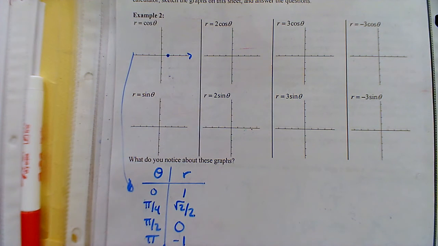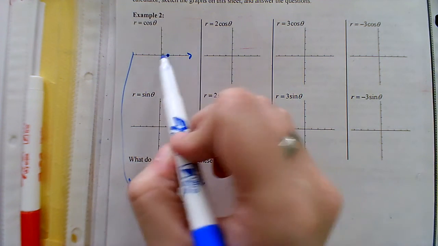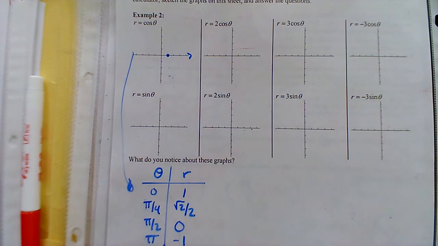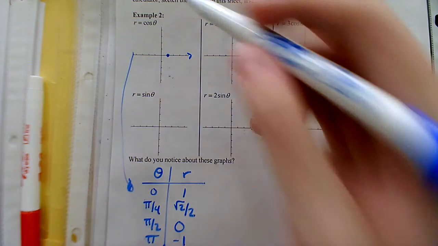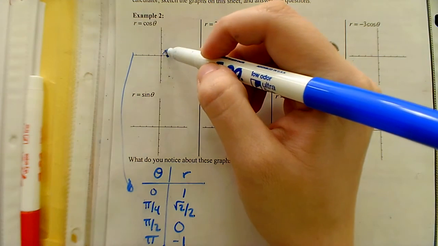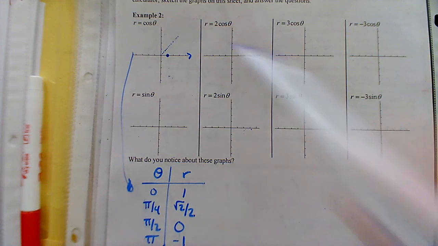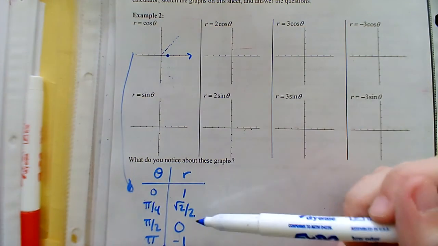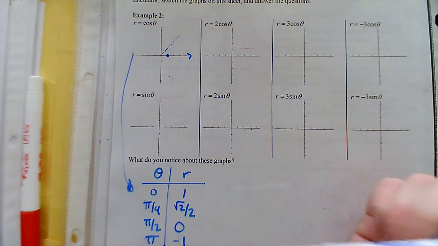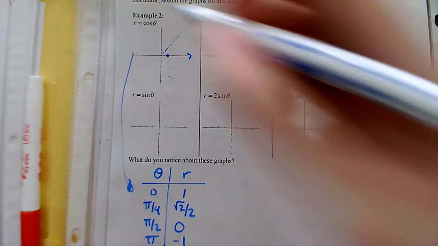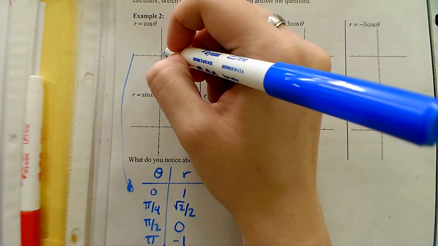For the next one, we're at the pole, looking to the right, but then we have to rotate an angle of pi over 4. So we're kind of cutting this quadrant in half. Okay, so we're looking this way, and then we have to walk out a distance of square root of 2 over 2. Maybe we'll say it's right there.